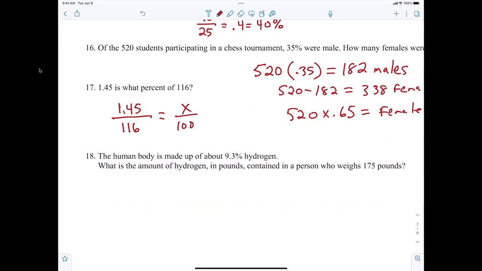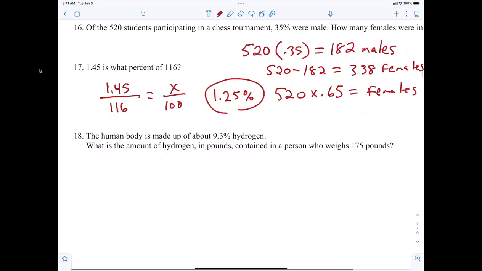That's right. Go ahead, cross multiply and tell me what your answer is. 1.25. I also did it another way. Okay, tell me. The way I did it was 1.45 divided by 116, and I got 0.0125, and I just moved the decimal. Yep, that's a good way to do it. Part, whole.